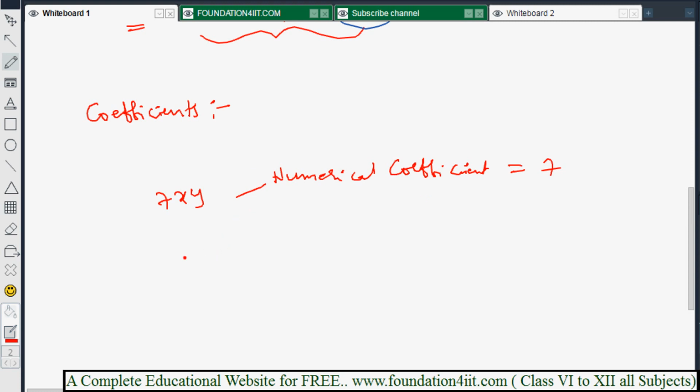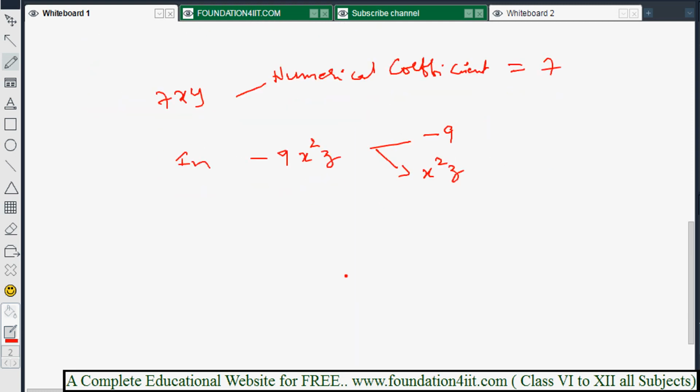You can take any example. For example, in minus 9x square z, the numerical coefficient is minus 9. And the literal coefficient is x square z. Except the number, everything remaining is the literal coefficient. Separately, you can also find the coefficient of an individual factor. See here, x square yz is given.